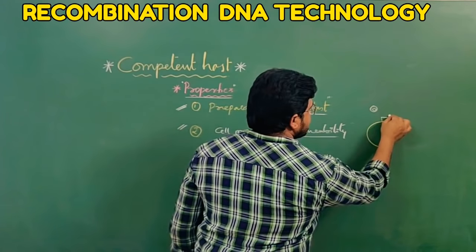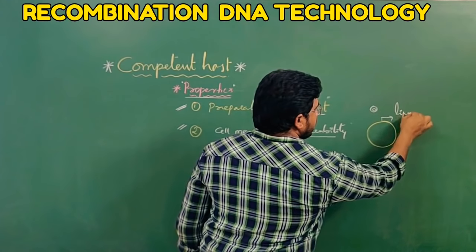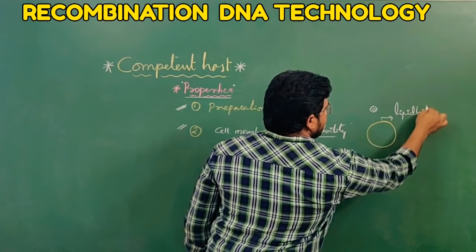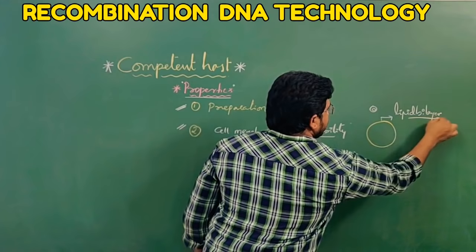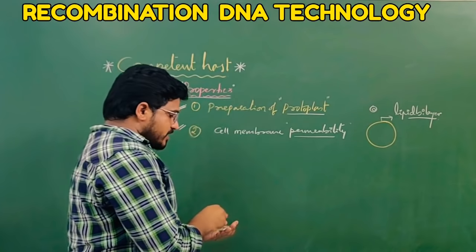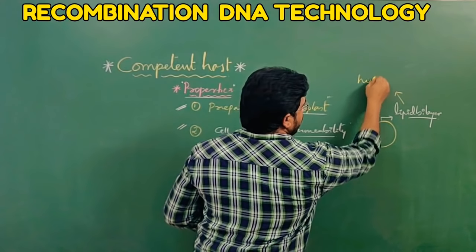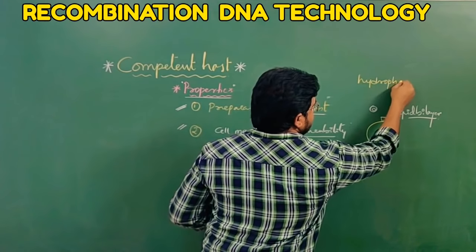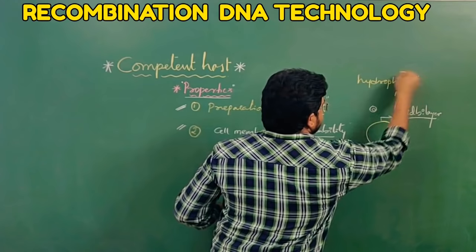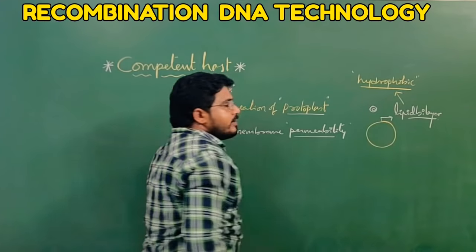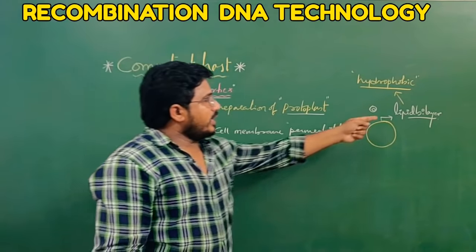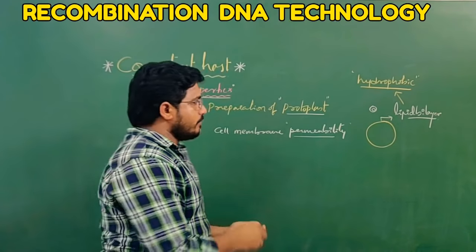Generally the plasma membrane is made up of lipid bilayer, right? What is the nature of the lipid bilayer? Hydrophobic in nature. Means it is not likely to dissolve in water. Why? Because there are lipids. That is the reason.